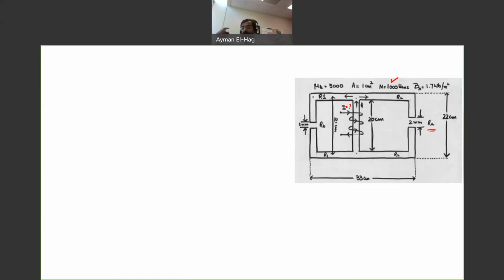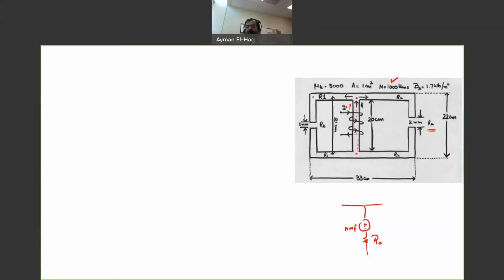Again, the first thing we need to do is draw the equivalent circuit of this magnetic circuit so that we can work with the electrical equivalent circuit. In the middle, we have an MMF. From here to here, this mean path results in one reluctance, which I will call reluctance 0. Then we have two parallel branches.